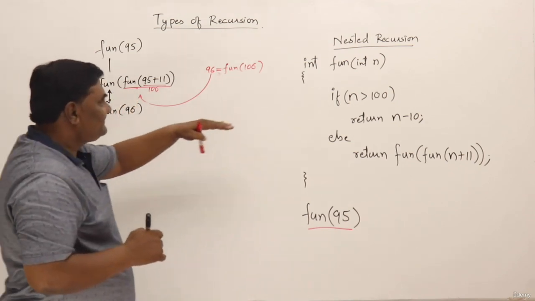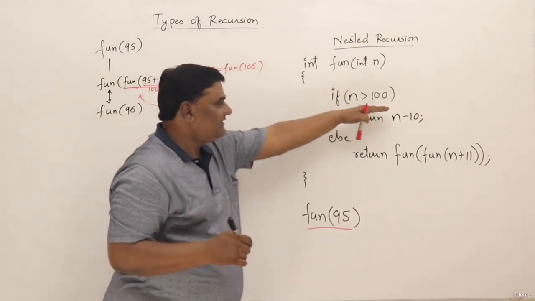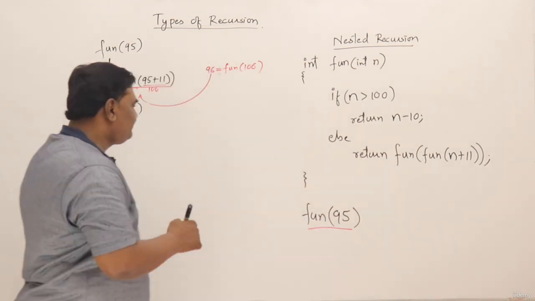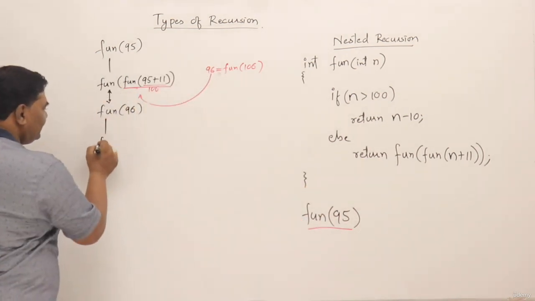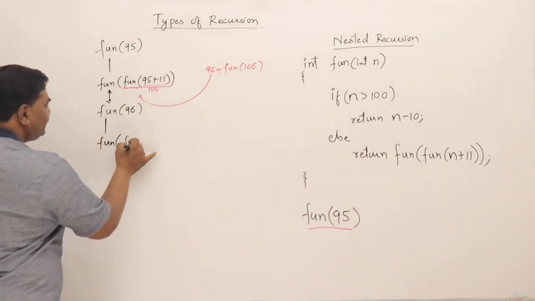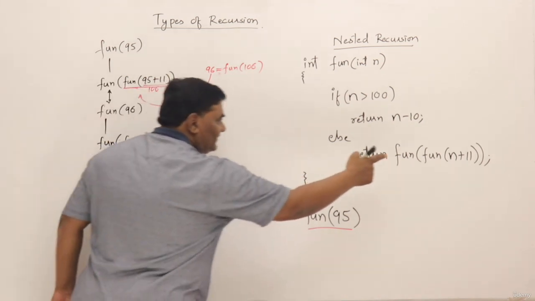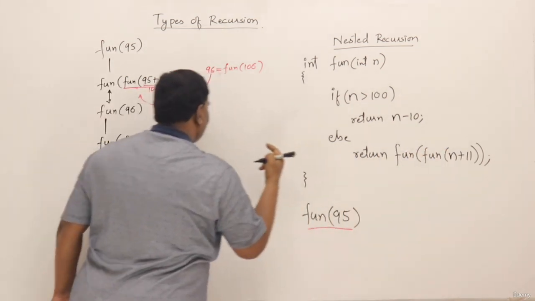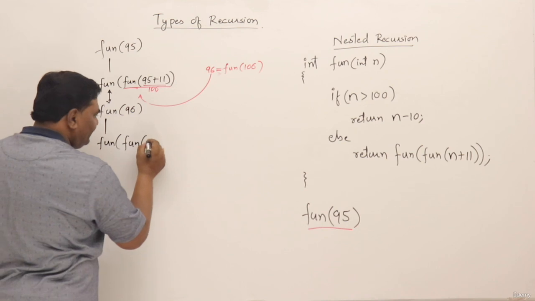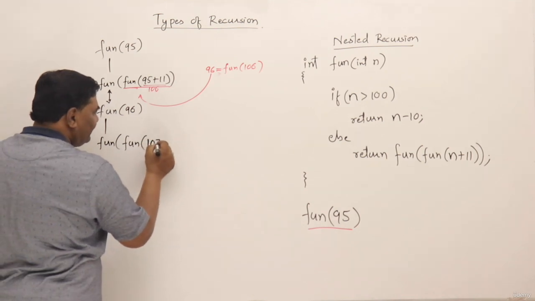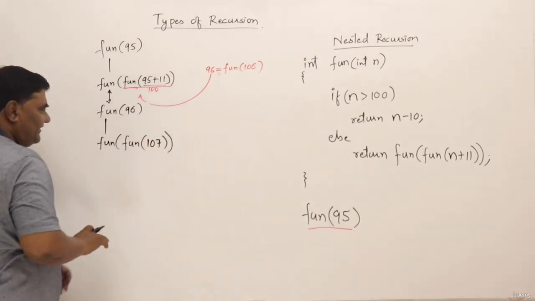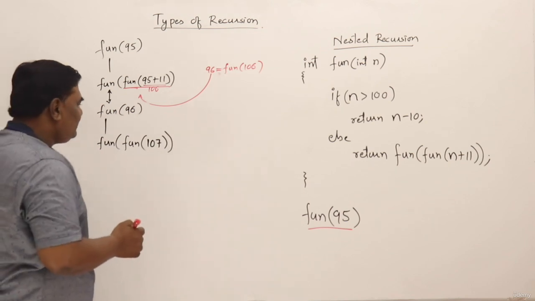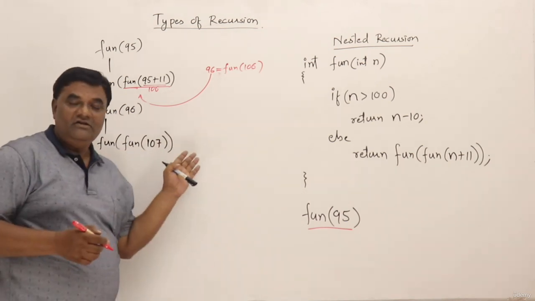Now for 96, 96 is not greater than 100, so it enters into this else part. Then it will make a nested function call with the value of n plus 11. So it is 96, 96 plus 11 is 107. So directly I am writing the value. I should know what is the result of this fun of 107.